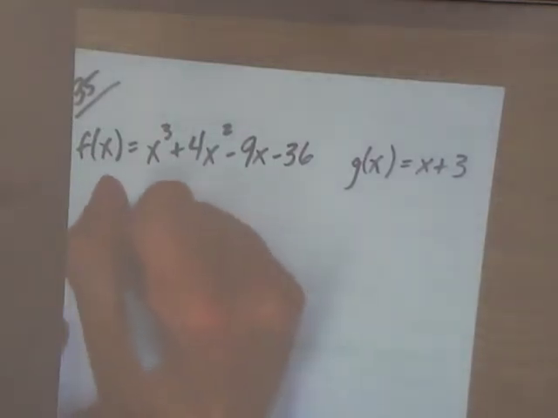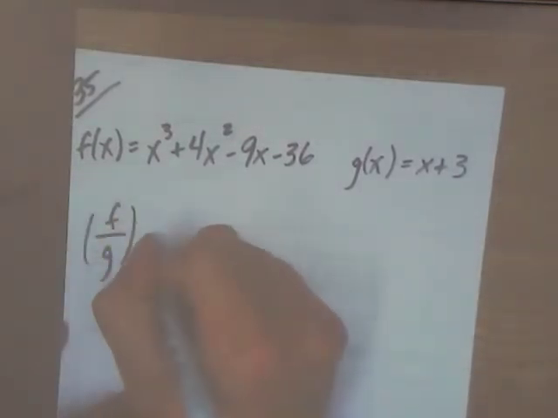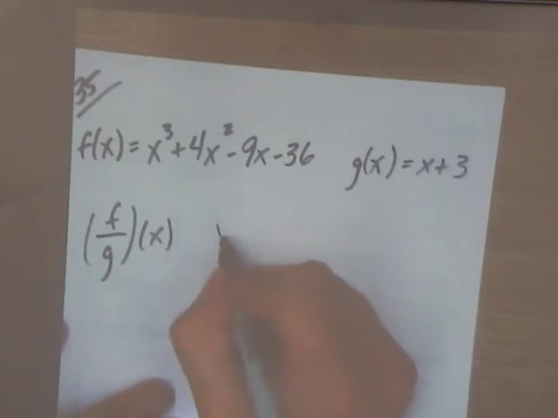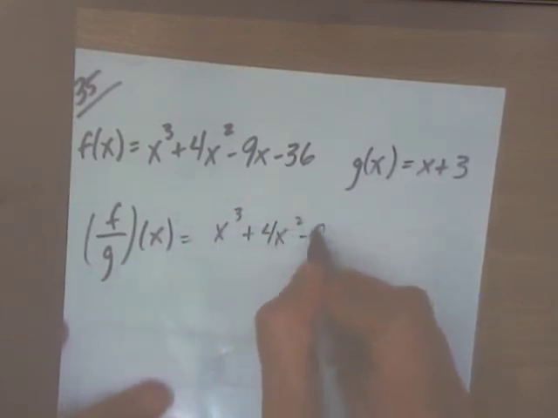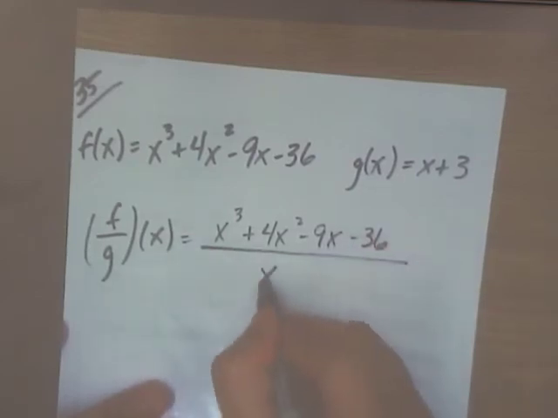All right, they want us to find f divided by g of x. So basically they want x cubed plus 4x squared minus 9x minus 36, all divided by x plus 3.